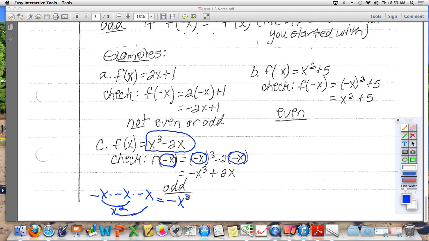And then here I am multiplying negative 2 times negative x, which is a positive 2x. So I started with a positive x cubed minus 2x. I'm ending with negative x cubed and a positive 2x. Do I have exactly what I started with? Nope. Do I have the exact opposite of what I started with? Therefore, it is odd.